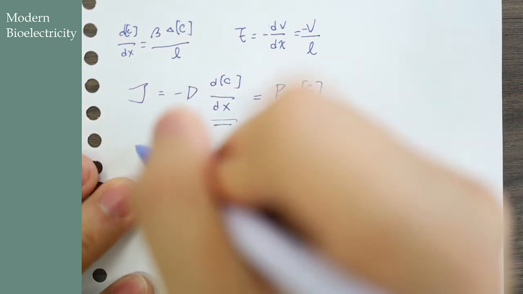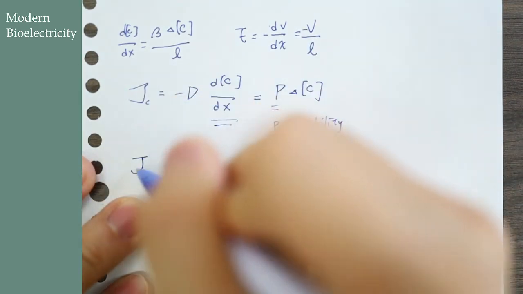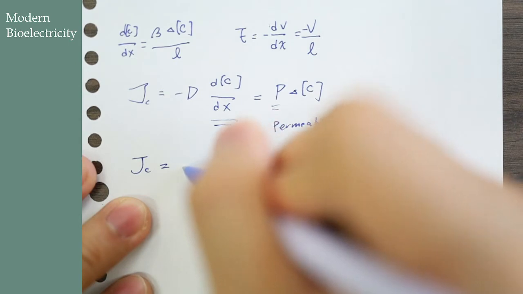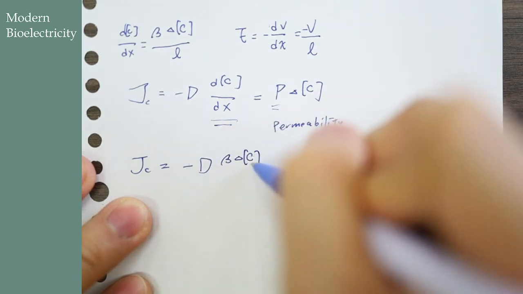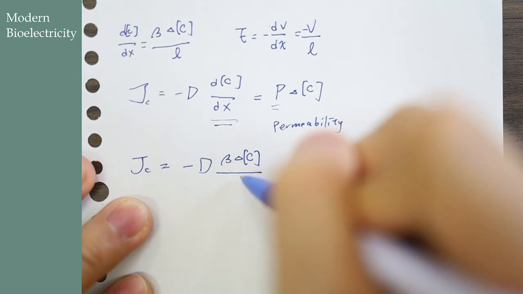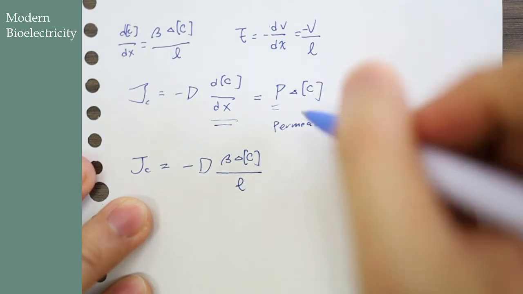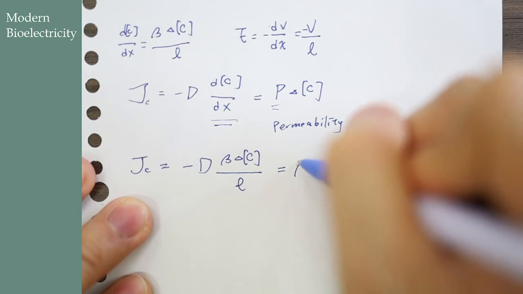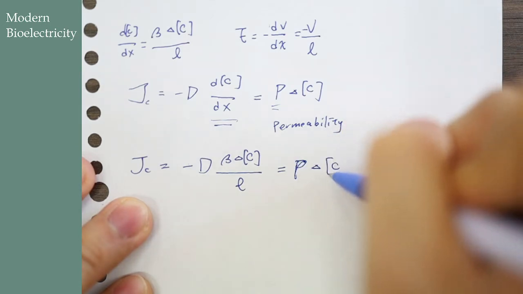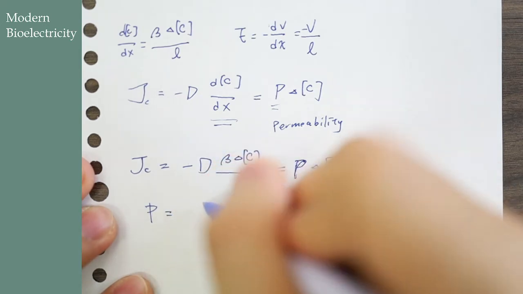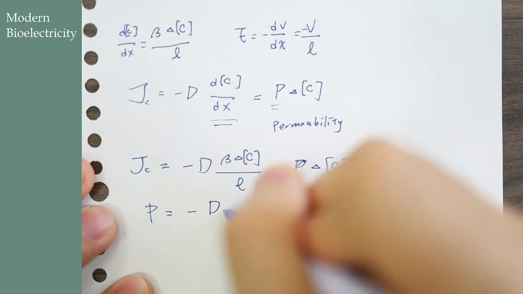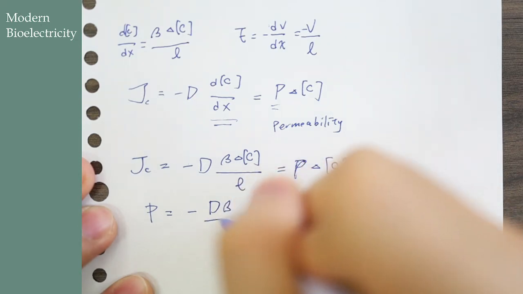So this chemical gradient is equal to D beta delta C divided by L, and is equal to P delta C. So the permeability is equal to minus D beta divided by L.